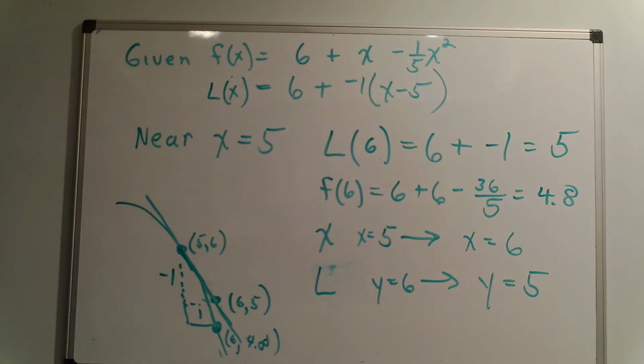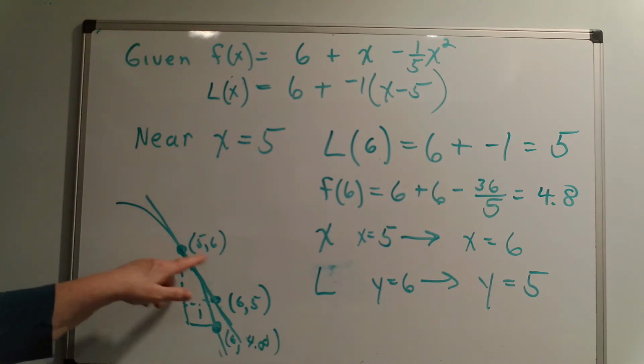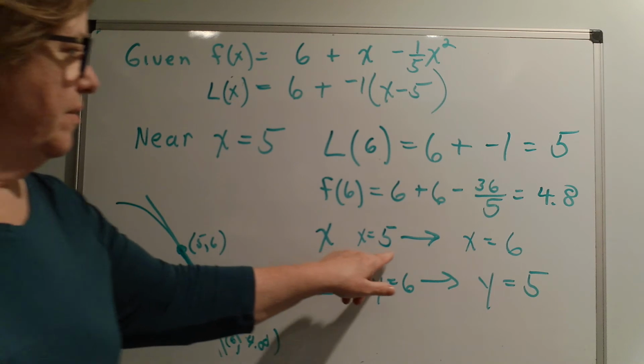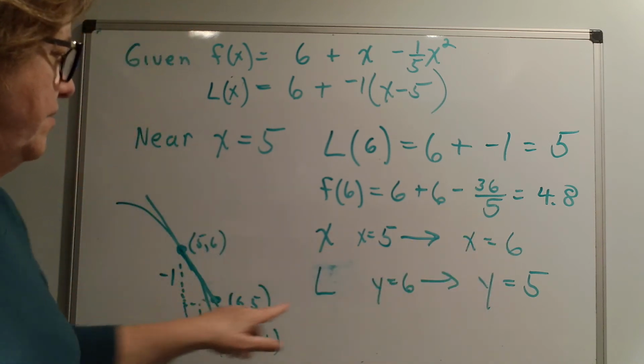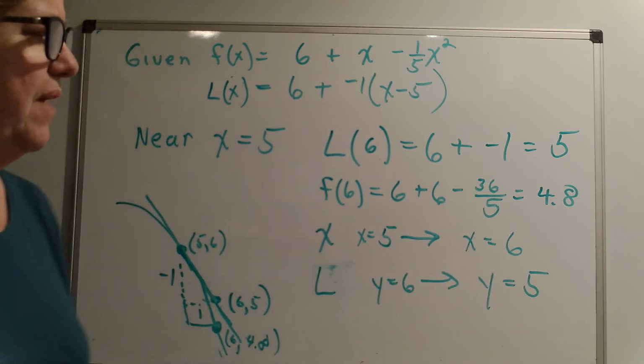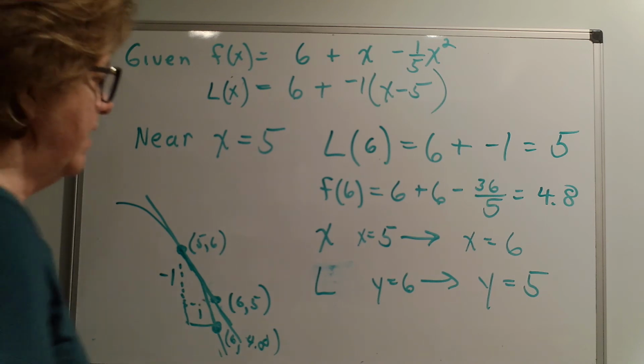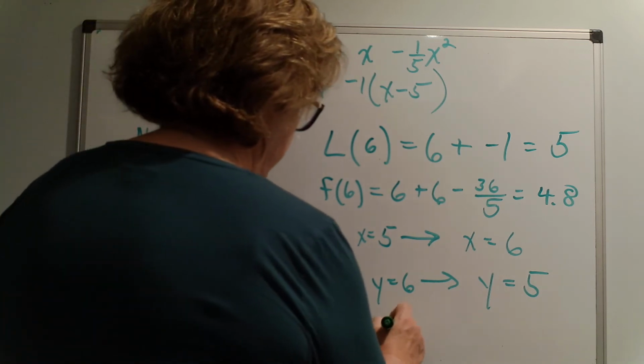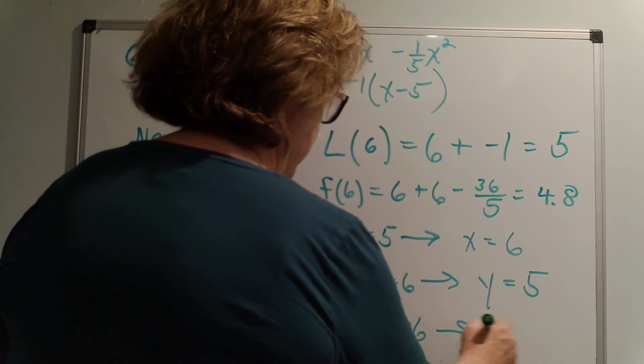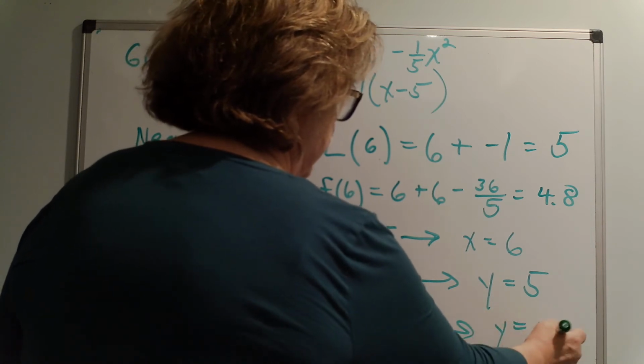So when we took x from 5 to 6, our linear approximation took us from 6 to 5. But the actual value goes to 4.8.